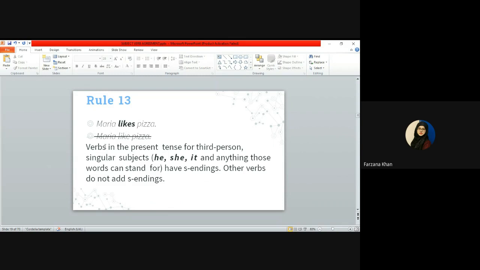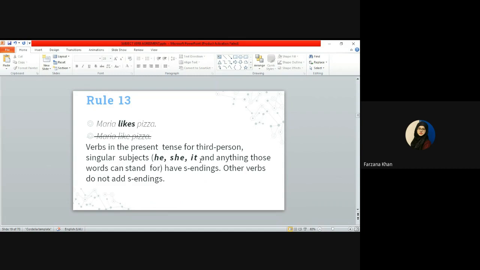So keep it in your mind that verbs in the present tense for third person singular subjects always require the addition of s or es. Third person singular are he, she, it, and the name of anything. So when we are using the simple present tense, then we will add s or es with the verbs of he, she, it, name.